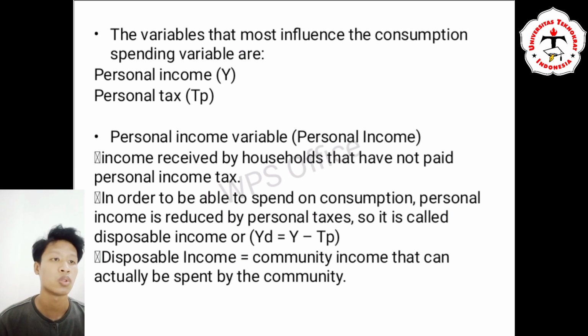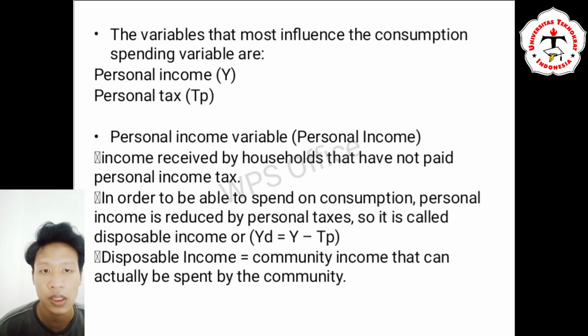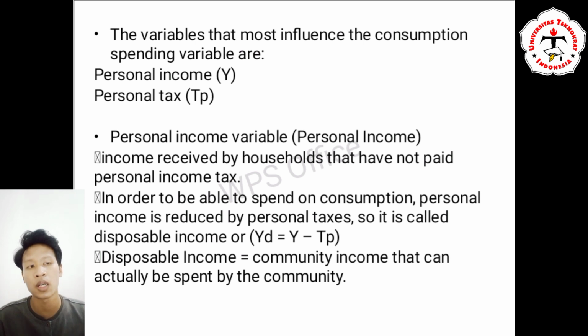In order to be able to spend on consumption, personal income is reduced by personal tax. So it is called disposable income, or YD equals Y minus TP. Disposable income equals community income that can actually be spent by the community.